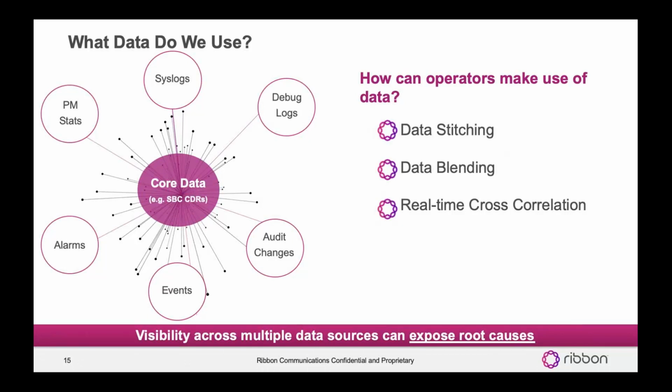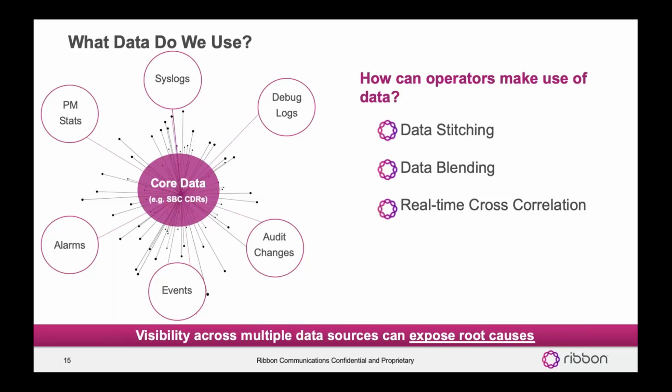So if we look at things again from a data perspective, we all understand we have some core data. For voice, it really is CDRs, call detail records. That actually gives us a lot of visibility in terms of how the network is running, but it's not everything.